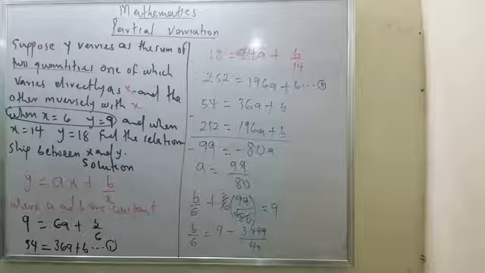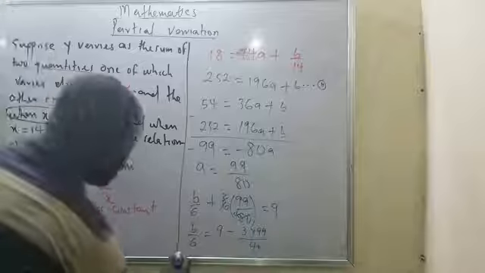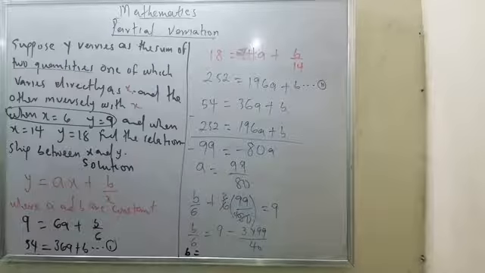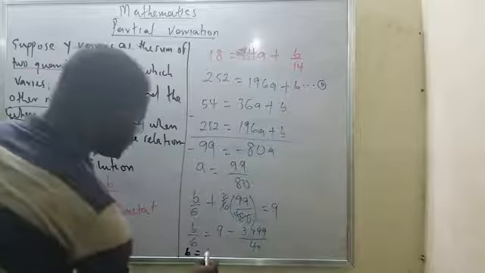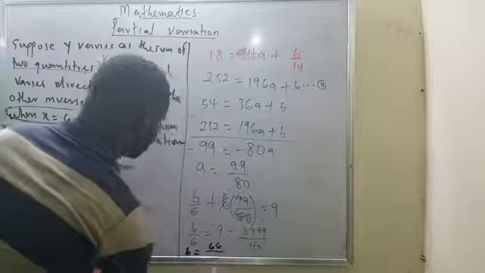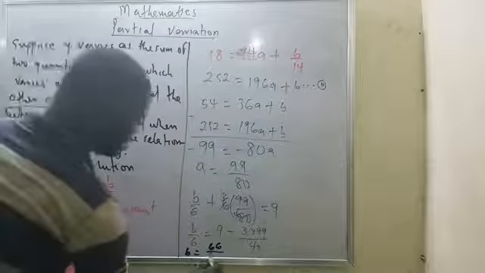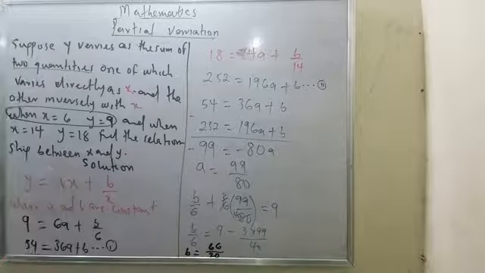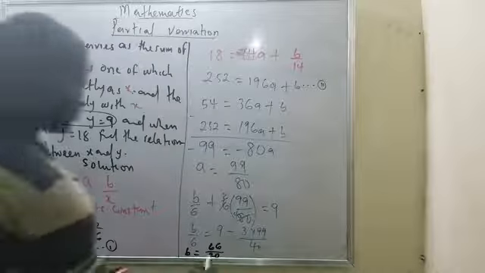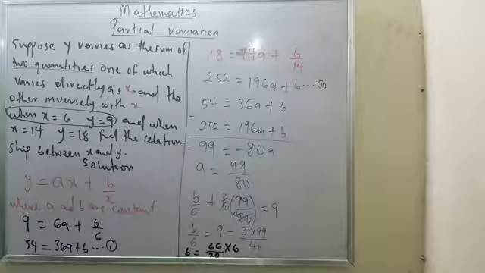By so doing, I can now say that b equals, multiplying them together, 63 divided by 20 multiplied by 6 after you cut off.